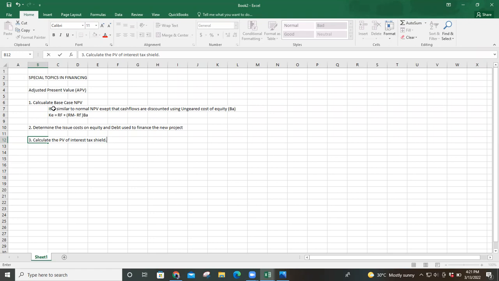In calculating it, we prepare a loan amortization schedule to determine the annual interest from the amount borrowed.